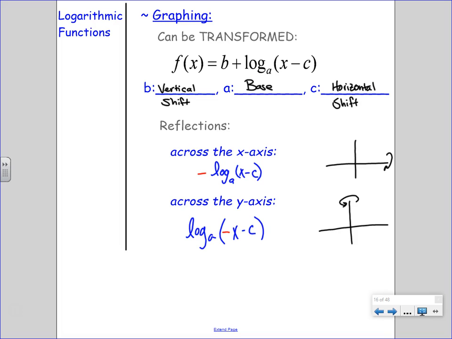You could see it inside, negative x minus c, or you could see it outside. But here's my question. Are those the exact same graph? If I were factoring out a negative, yes. So if I'm trying to factor out, in order to be the same, this would need to be a plus c instead.